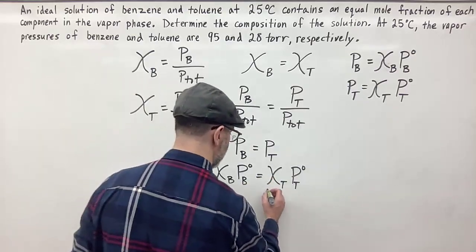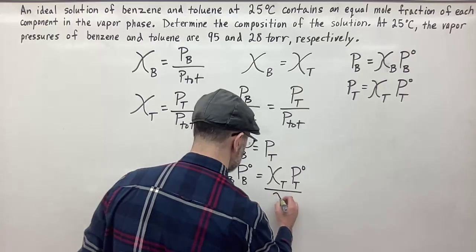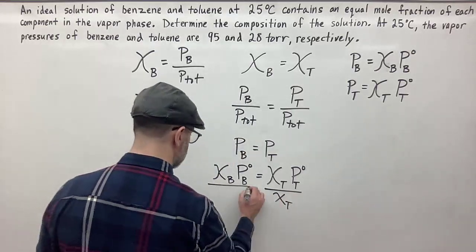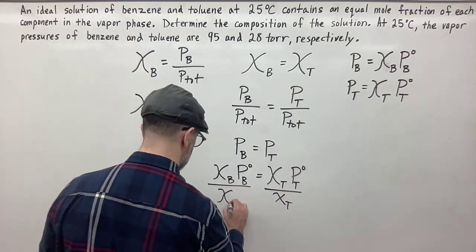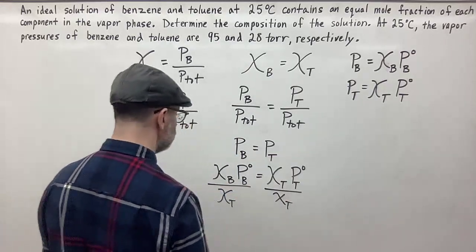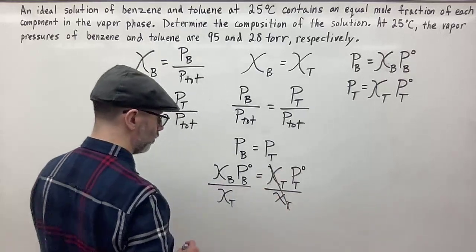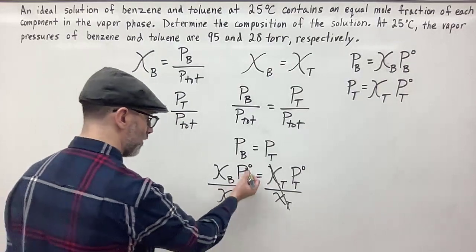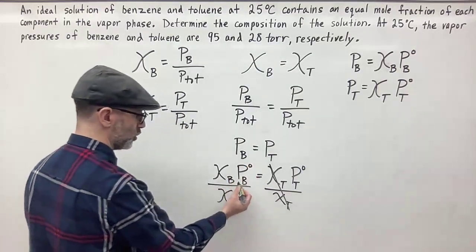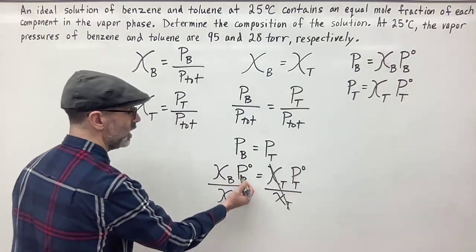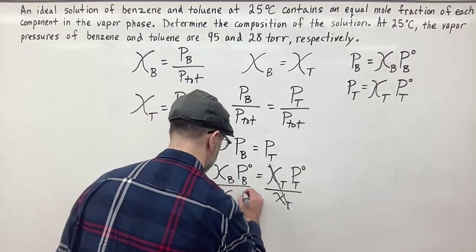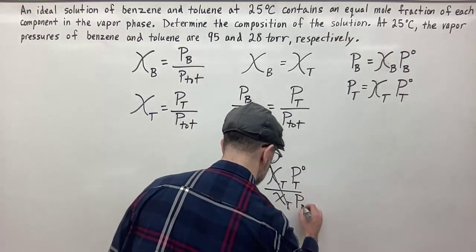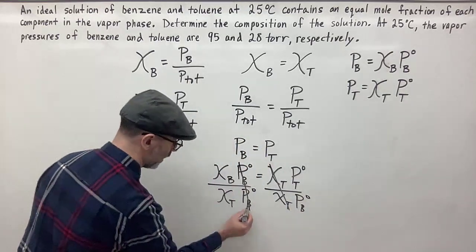So if we divide by the mole fraction of toluene, like so, this will cancel out. And then we divide both sides by the vapor pressure of pure benzene, so that cancels out too.